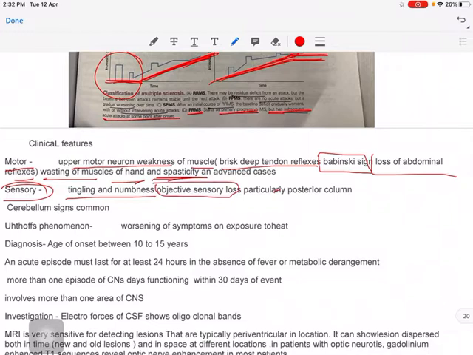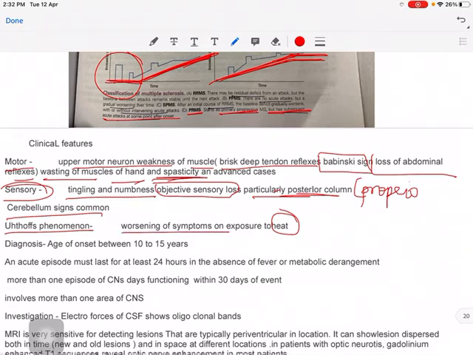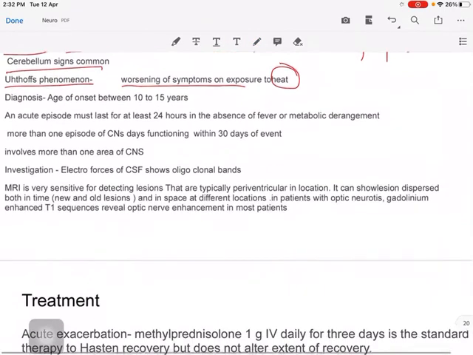Objective sensory loss will be there, particularly of the posterior column, which is responsible for proprioception and vibration. Cerebellar symptoms are common: ataxia, dysdiadochokinesia. Uhthoff's phenomenon is that whenever the person is exposed to heat, it will worsen the symptoms.